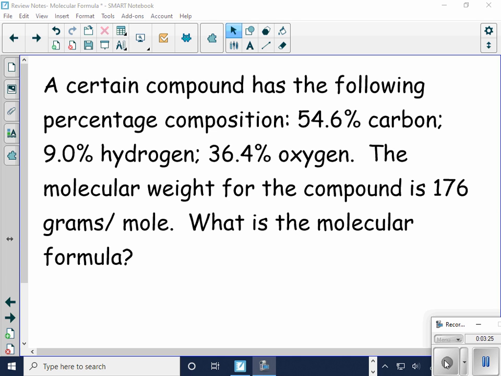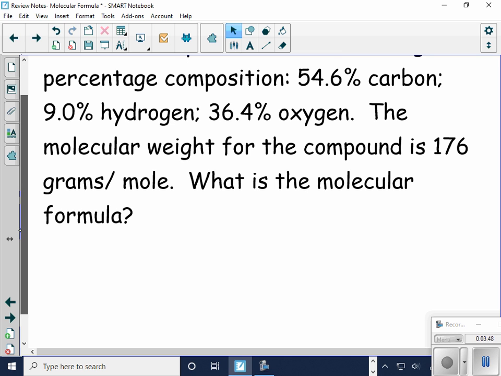The molecular weight for the compound is 176 grams per mole. What is the molecular formula? Well, the very first thing I need to do with the molecular formula problem is I need to find the empirical formula. So just like what we did yesterday, I'm going to find the empirical formula.